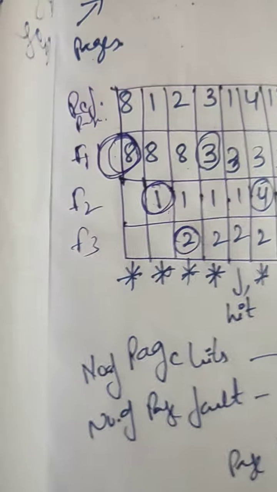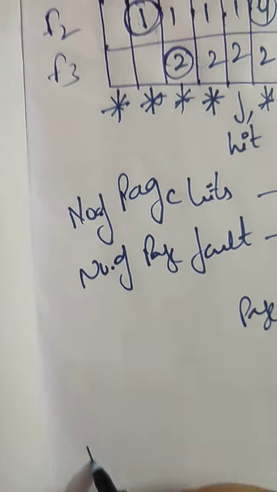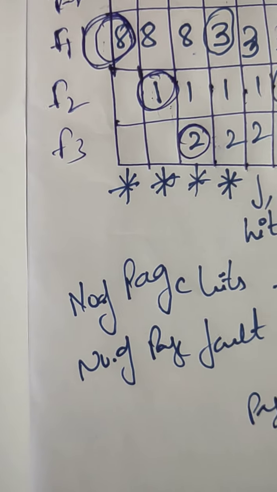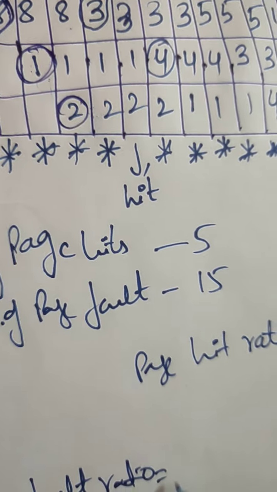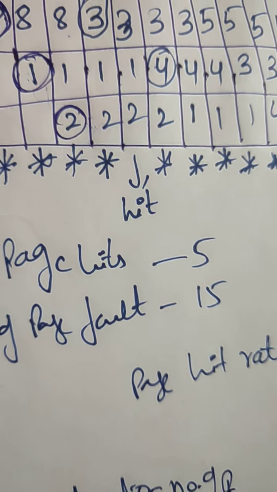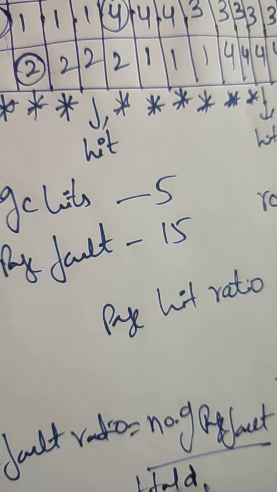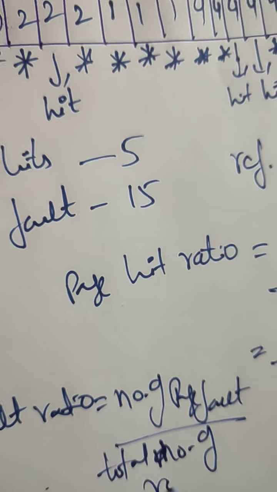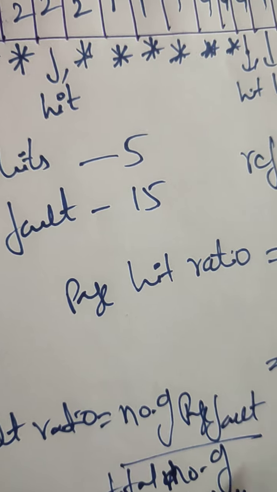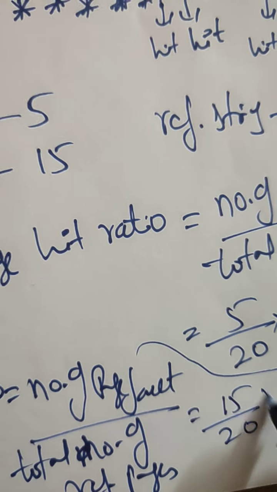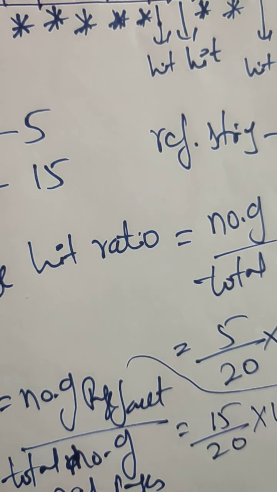If I go for the page fault ratio, it is nothing but the number of page faults by the total number of reference pages. So here it is 15 by 20 into 100.